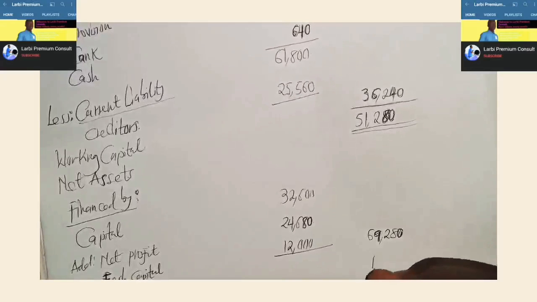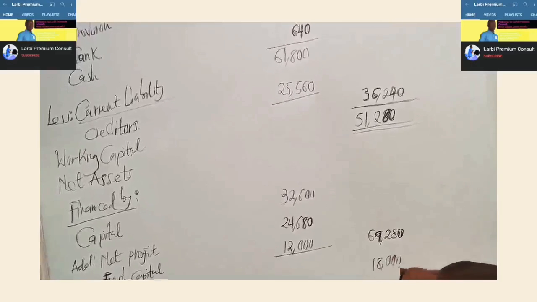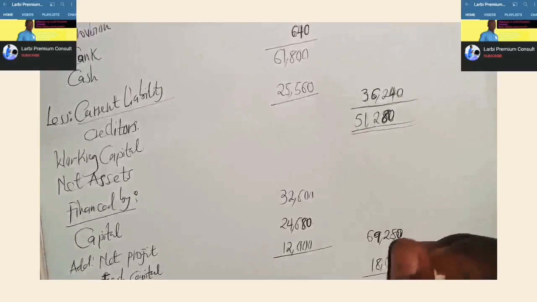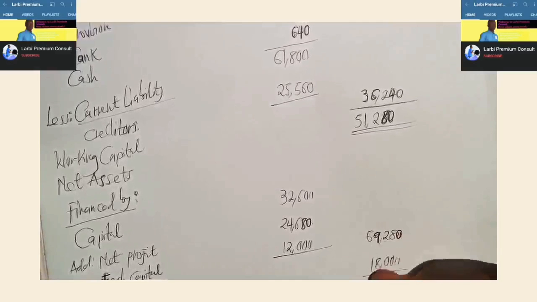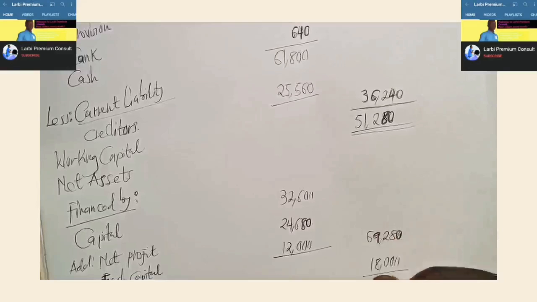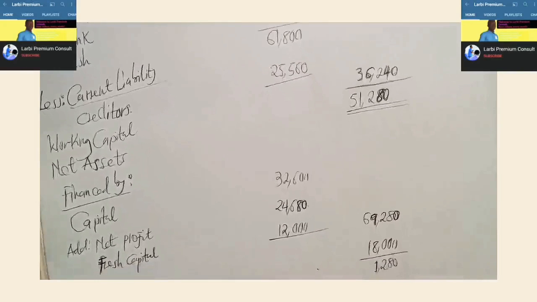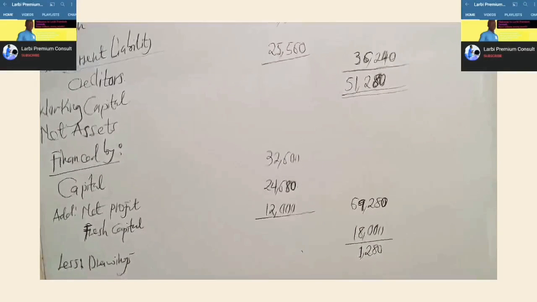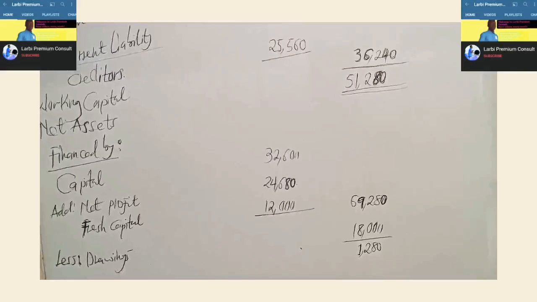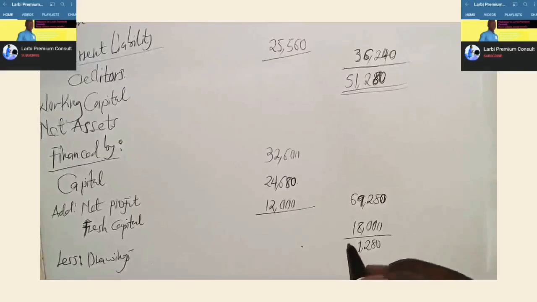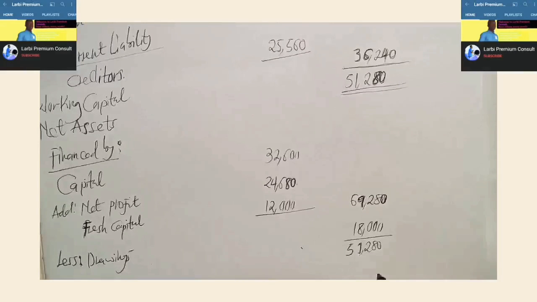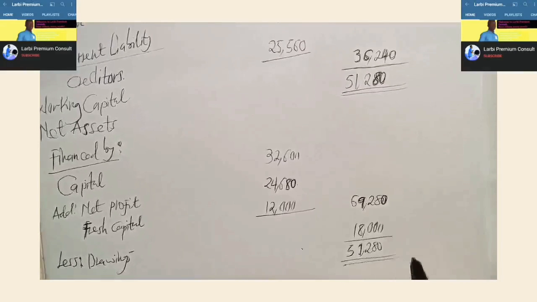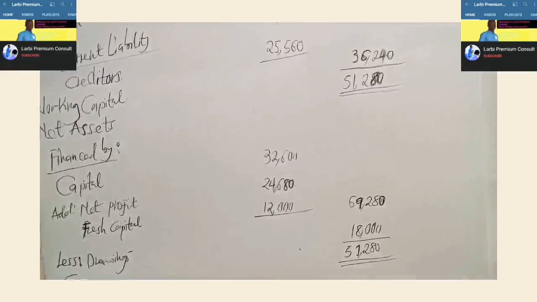So less 18,000 from this, and you'll be getting 51,280 as your capital that you employed in the business.